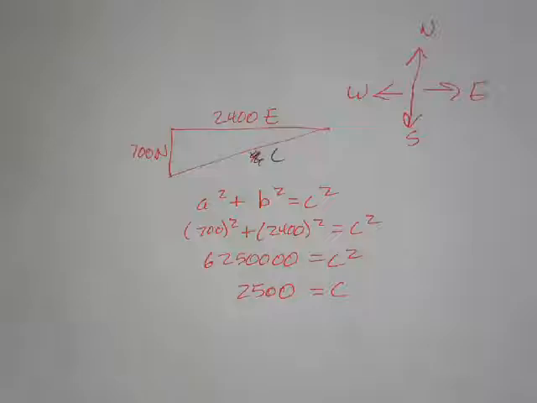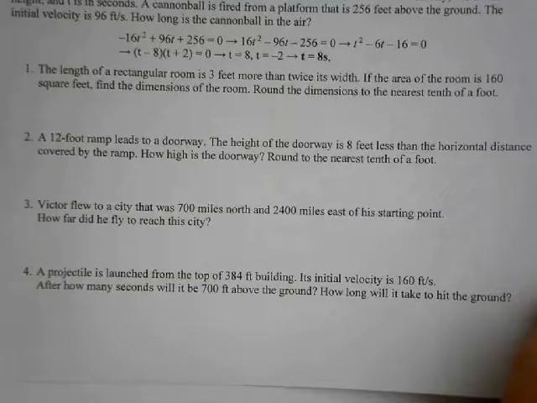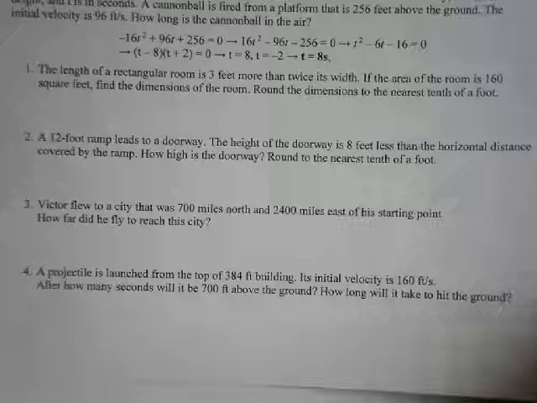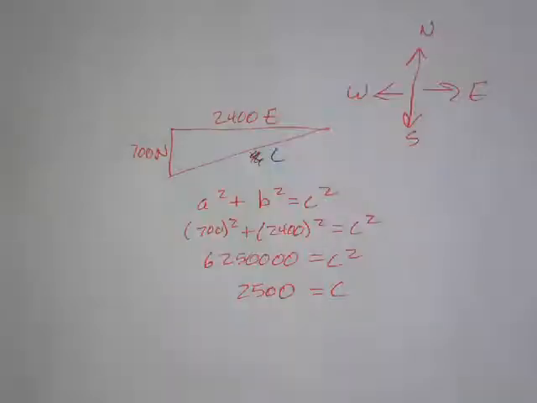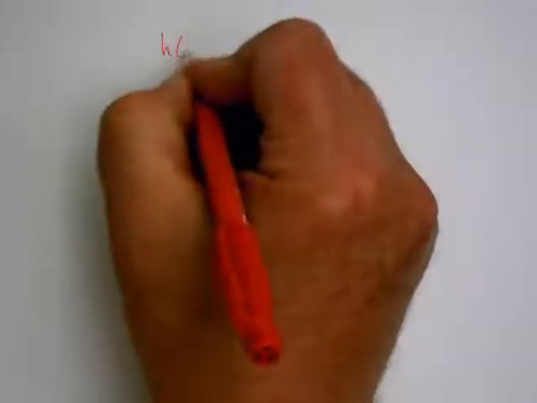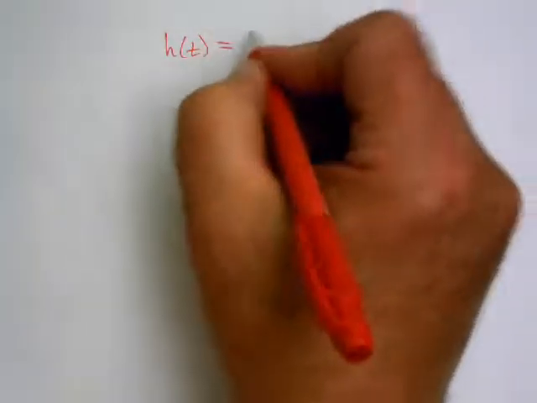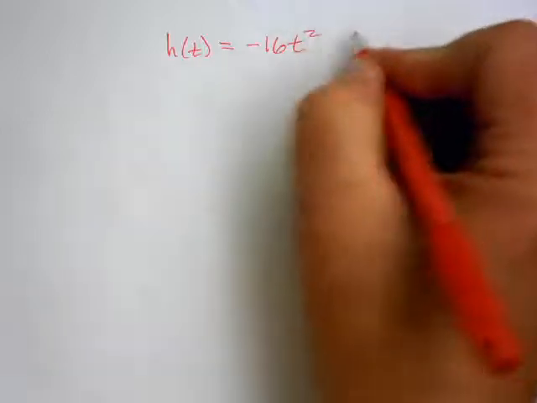All right, our last example. A projectile is launched from the top of a 384-foot building. Its initial velocity is 160 feet per second. About how many seconds will it be 700 feet above the ground? How long will it take to hit the ground? So again, from our earlier part, this is what we started with.